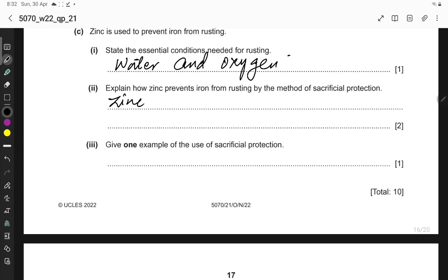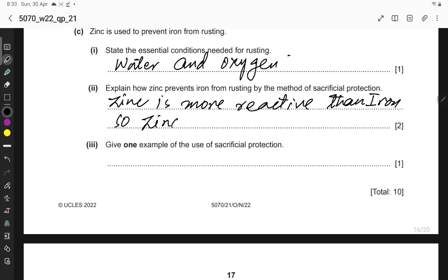Zinc is more reactive than iron, so zinc reacts or corrodes in preference to iron.